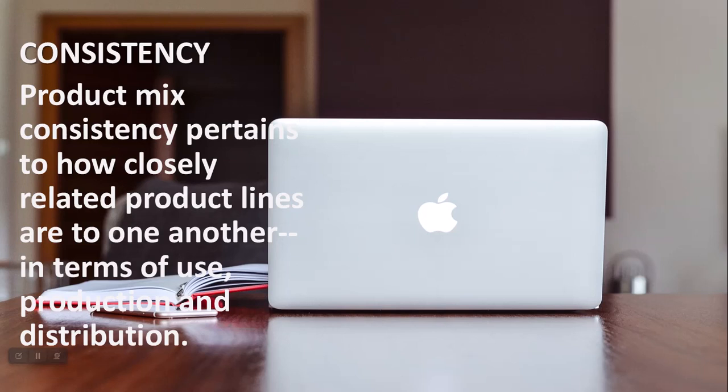If it is in tablet form, then it should be all tablet forms. If it is in some other form, then that form can be taken, and the distribution should be the same. The same type of distributor should be chosen for this type of product. That is called consistency.